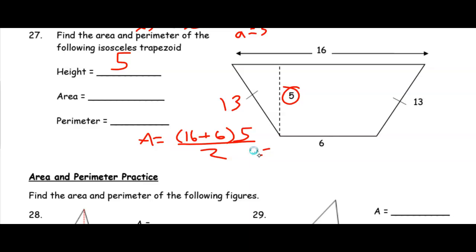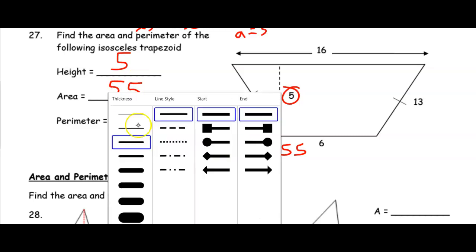Let's do that. 16 plus 6 times 5 divided by 2 gives me 55.